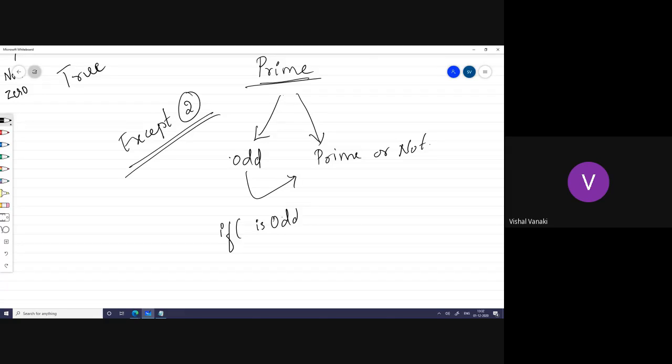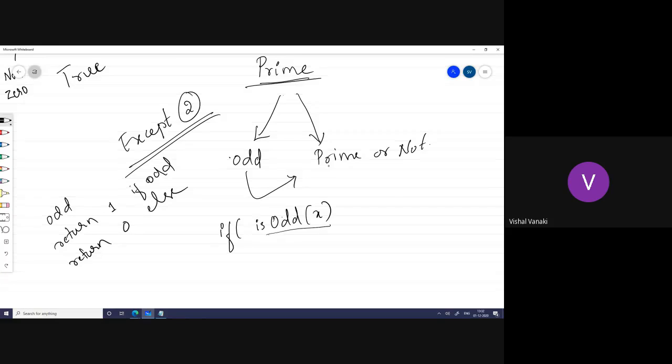So this function will check whether x is odd or not. The odd function will return 1 if odd, else return 0. Only if it is an odd number, then I will go for checking is prime.